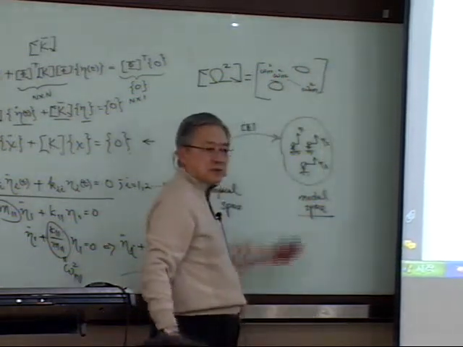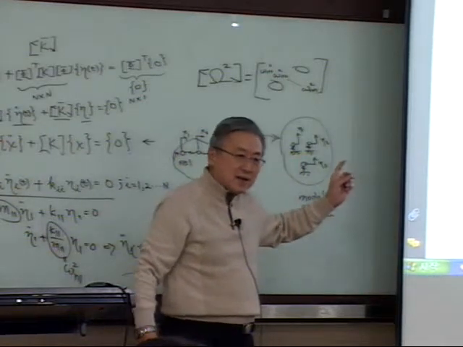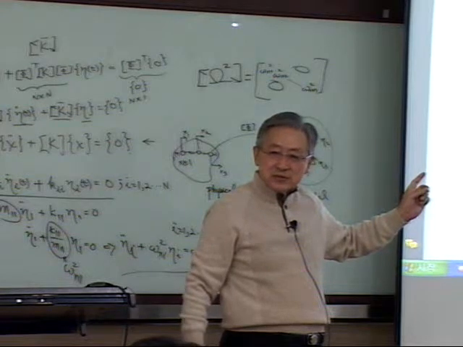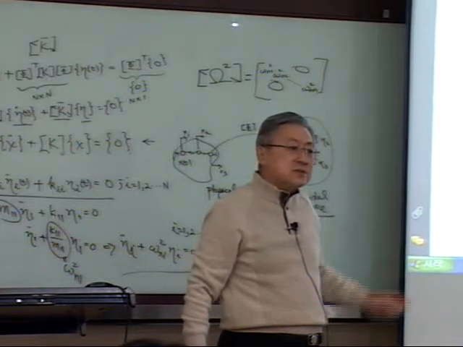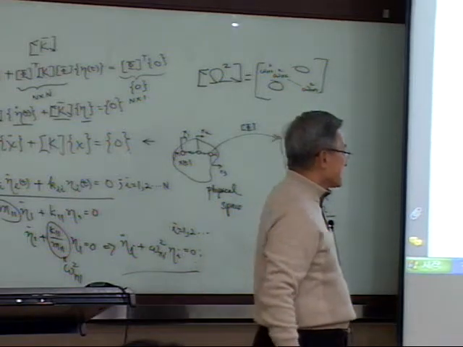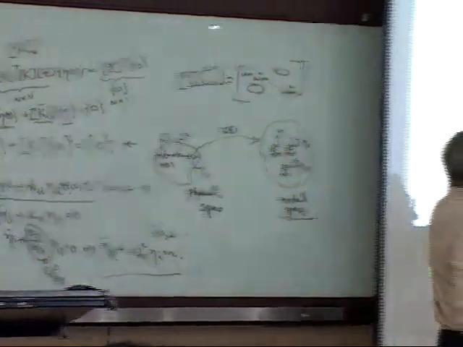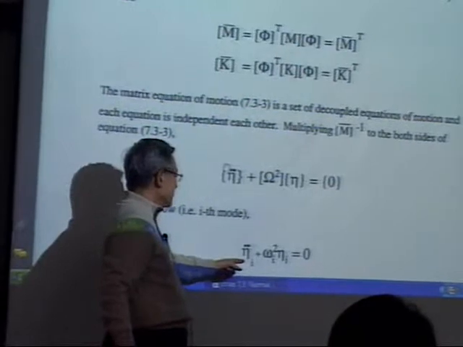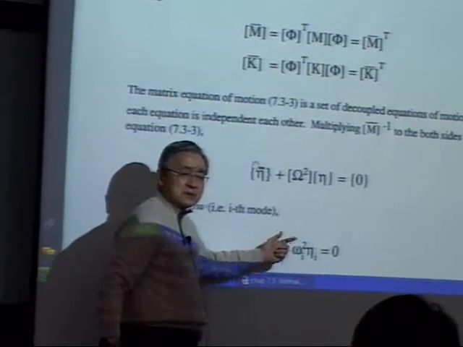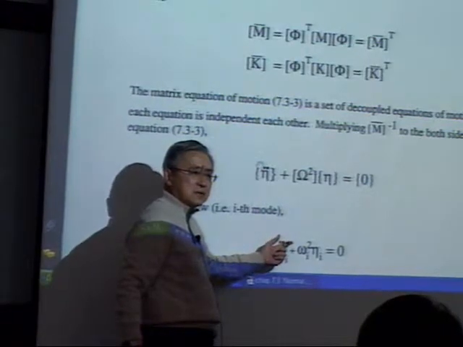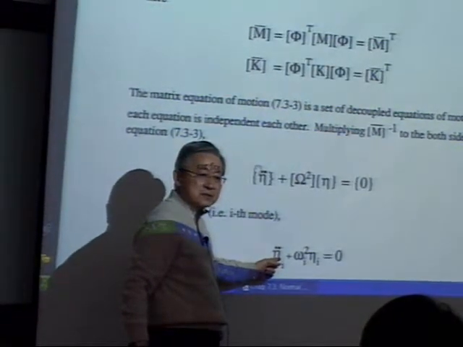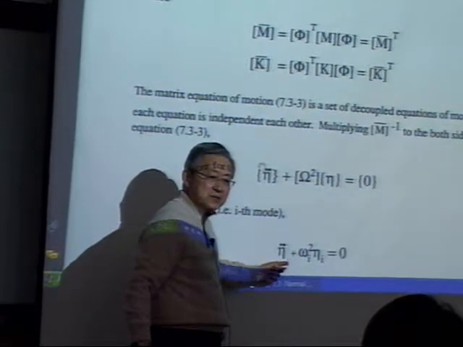Diagonal matrix, omega ni is equal to what? Circular natural frequency of the system. Got it? Very straightforward. And you pull out the ith row, then you have this. Simple, the second order differential equation in what space? Modal space.